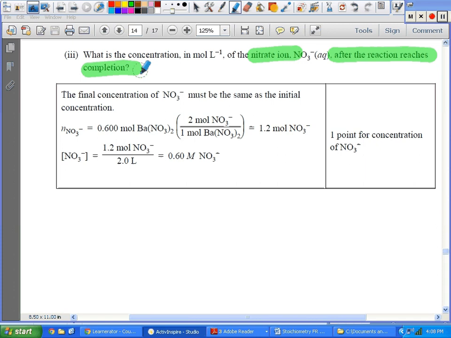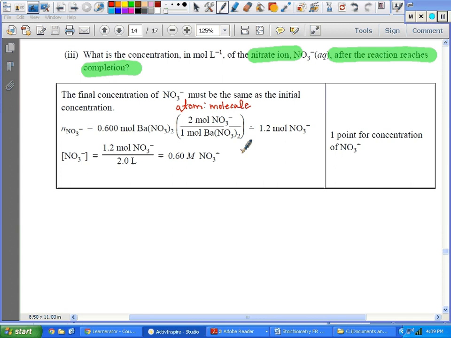Do you agree they've given you moles of barium nitrate? They've given you that in the problem. Do y'all recognize this step? What do I call this thing? This is not the mole to mole thing I call. I call this the atom to molecule ratio. Why do I call this the atom to molecule ratio? Because in one barium nitrate, how many nitrates are there? 2. Does that make sense? Why are they going to nitrate specifically?